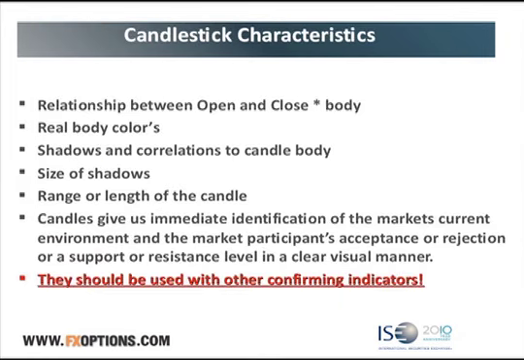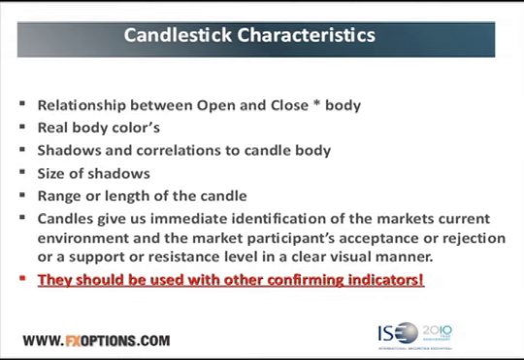So when using any indicator, specifically candlesticks, it's very important to pay attention to not just the close. When candlestick analysis is used, it's very important to look at the relationship of the open and close, or what we call the real body.